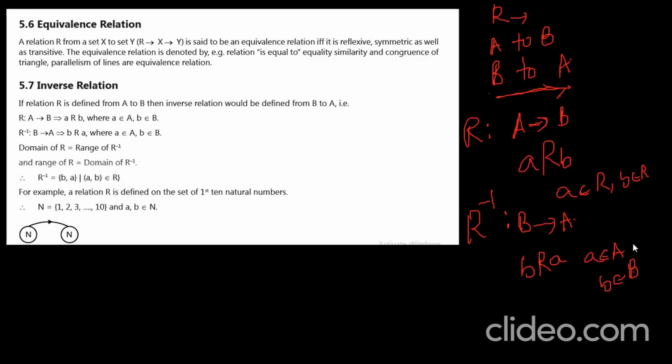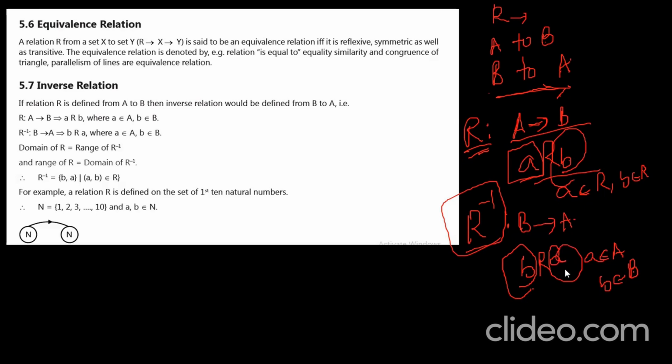You understand? So if you go with the domain and range, for R the domain is A, and for R inverse the domain is B. Here the range is B, and for R inverse the range is A. That is, domain of R is equal to range of R inverse, and range of R is equal to domain of R inverse.